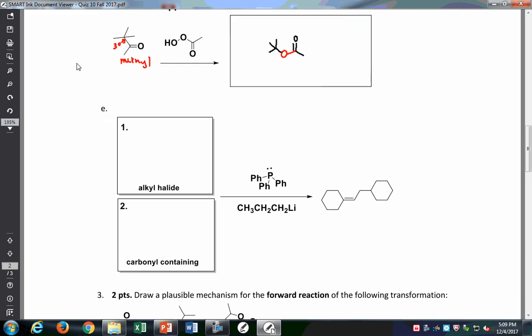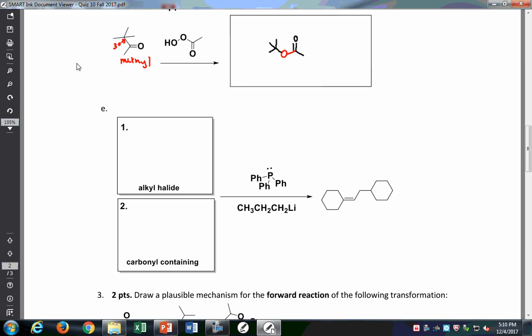For the Wittig, we're reacting the alkyl halide, and what happens is the alkyl halide is going to react with the triphenylphosphine in the presence of this really strong base to form that ylide with a carbon-phosphorus bond. It works best if the alkyl halide is least substituted because the triphenylphosphine is really big.